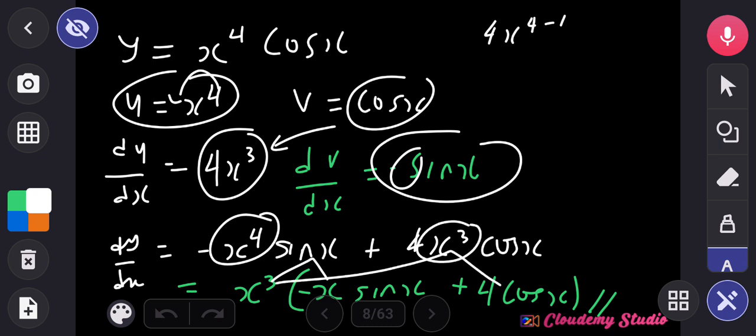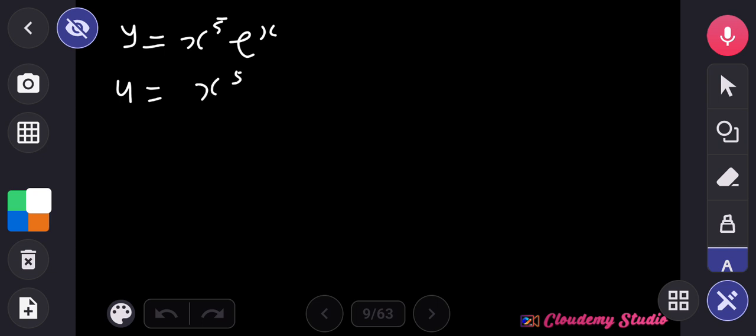So let us take another example. Let us say we have y equals x to the power 5 exponential x, for example. How are we going to do this? Very, very easy. We're going to say that u equals x to the power 5, and v equals exponential x.